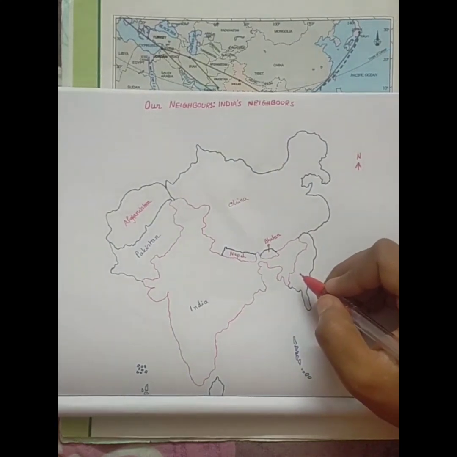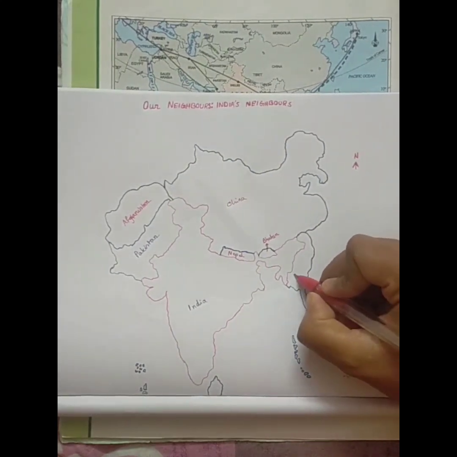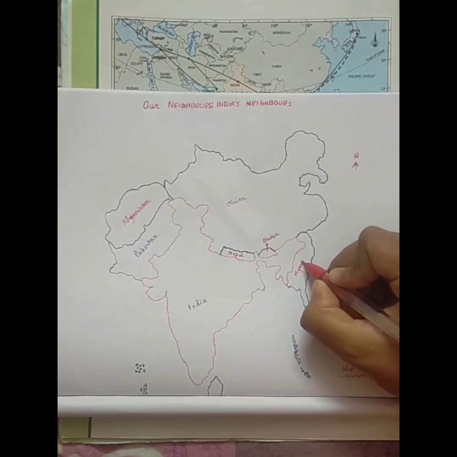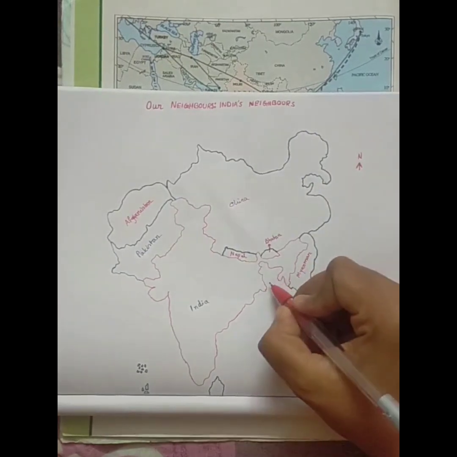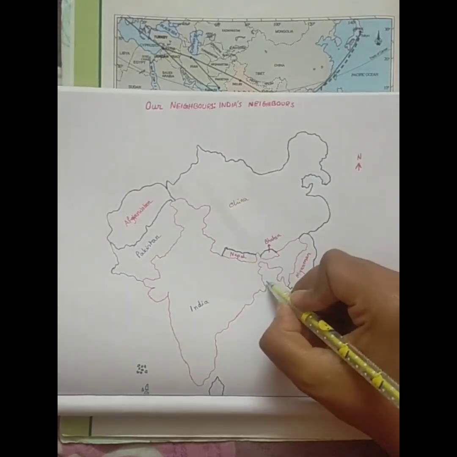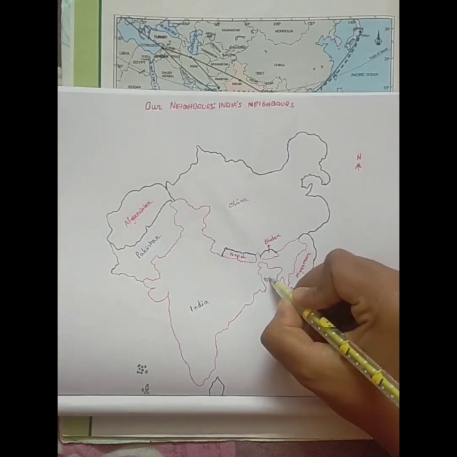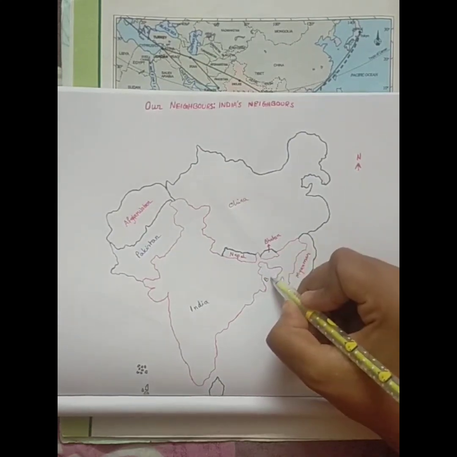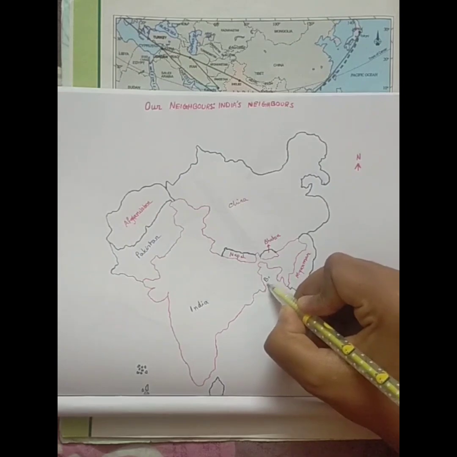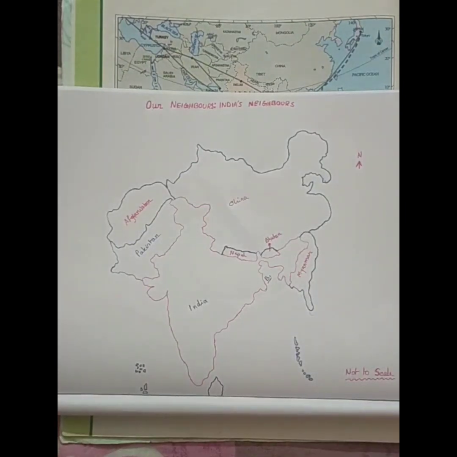This is Myanmar. And this is our Bangladesh. No space is there. So India shares land border with these countries.